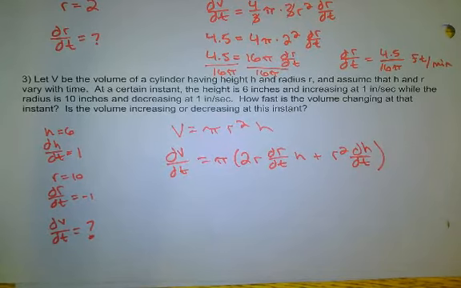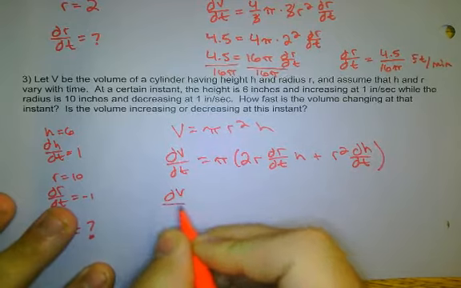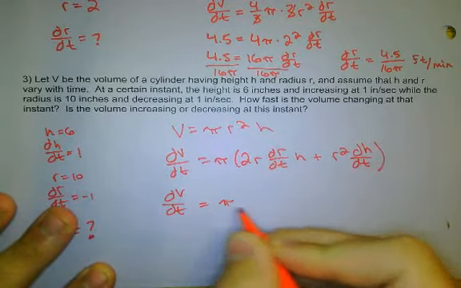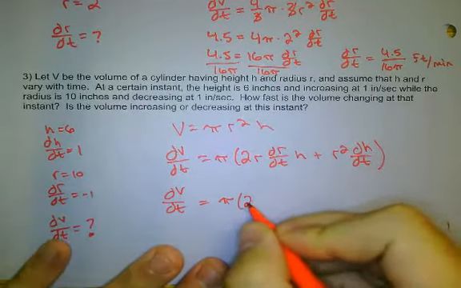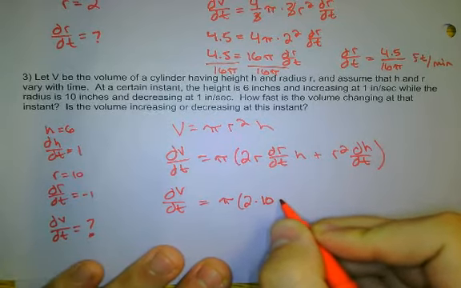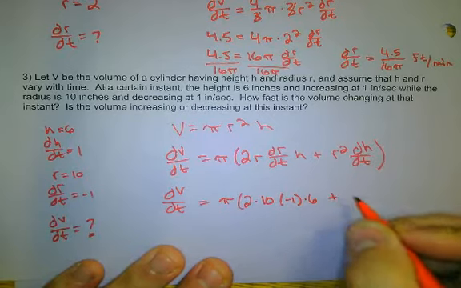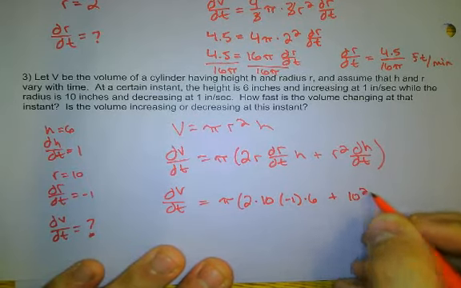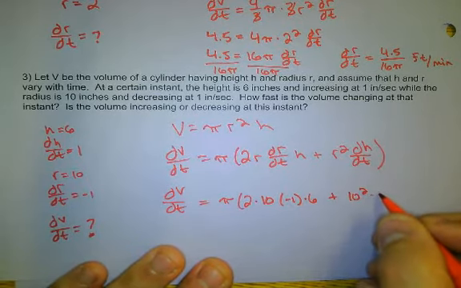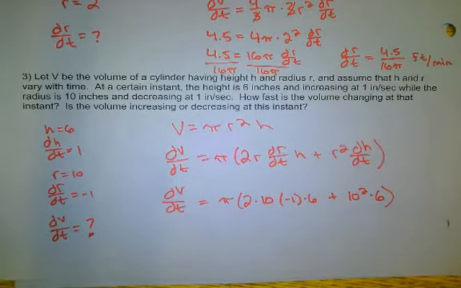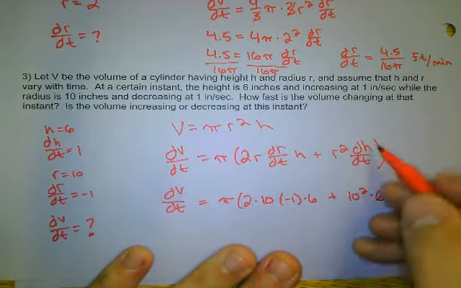Check your product rule. That's 6. What's dh/dt? It's 1.